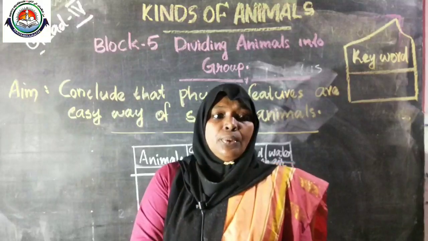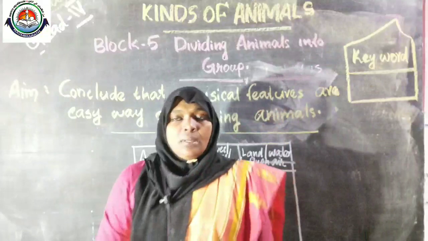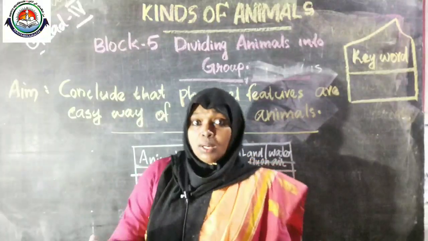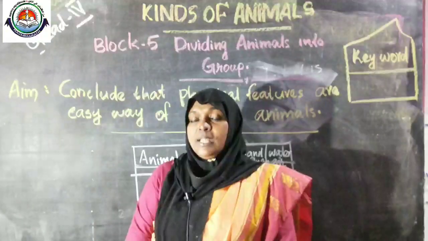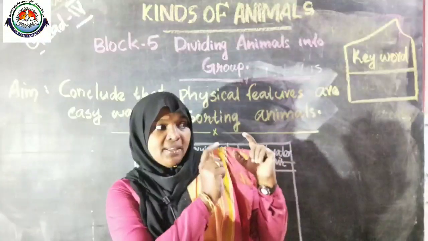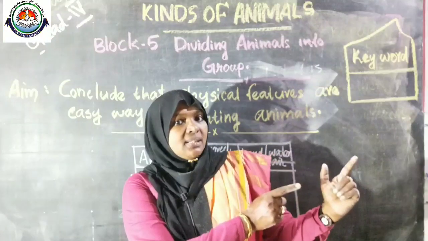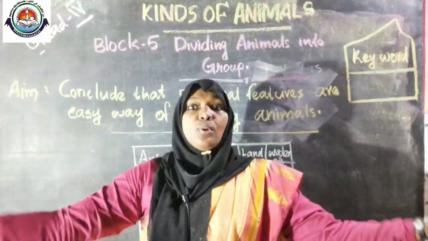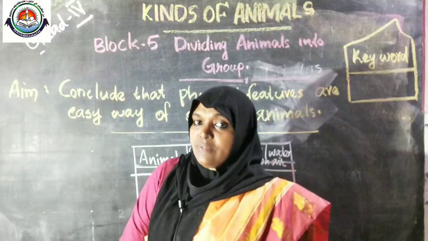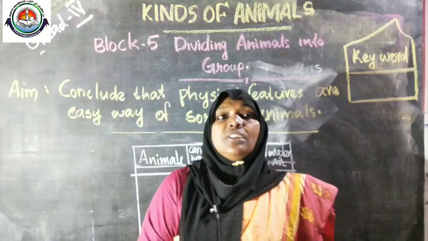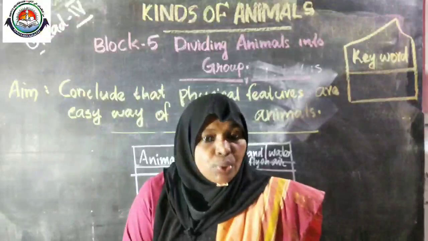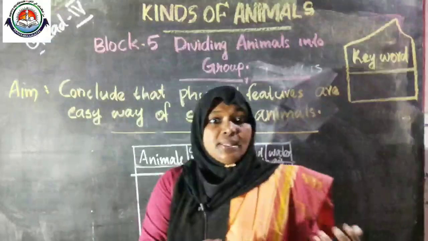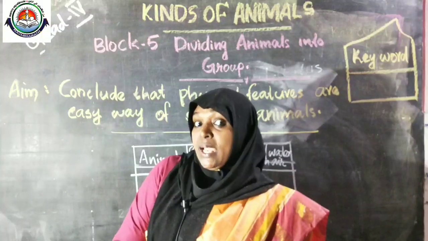Then how can you use pictures to sort animals? What can we do? We would look at different physical features. It's very easy. When we see a picture, we can check how many legs there are, how many eyes, is there an ear, is there hair on the body. We can check the physical features and easily sort the animals into groups. Clear? Okay. Then, why is it easy to use physical features to sort animals into groups?